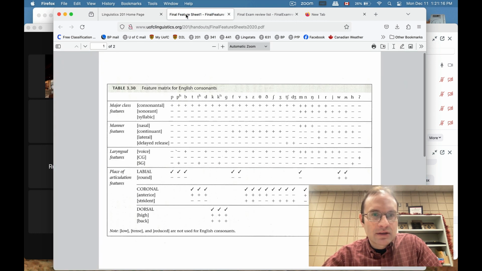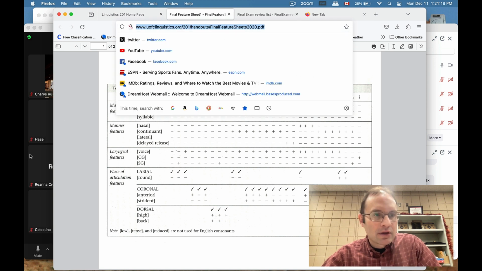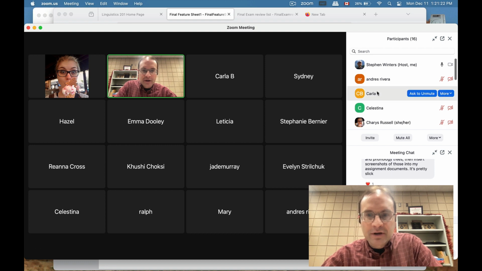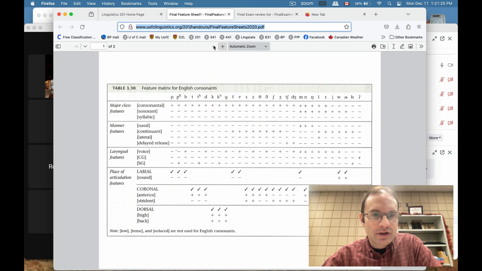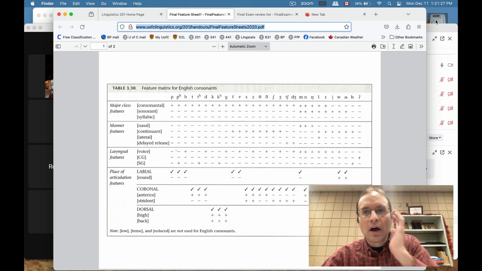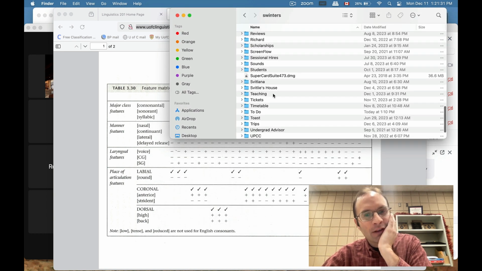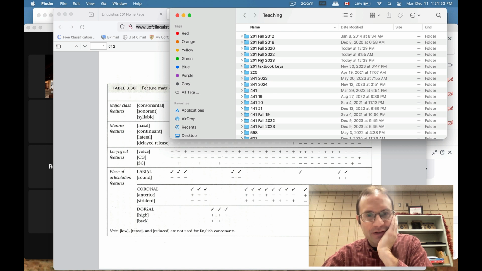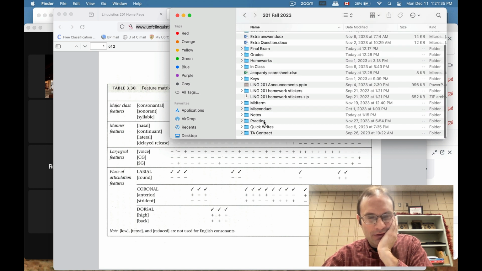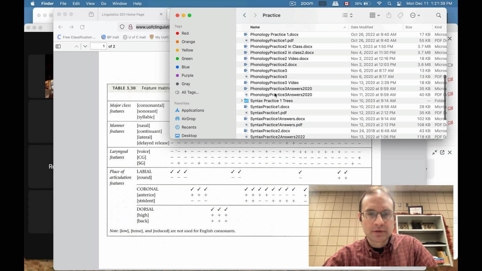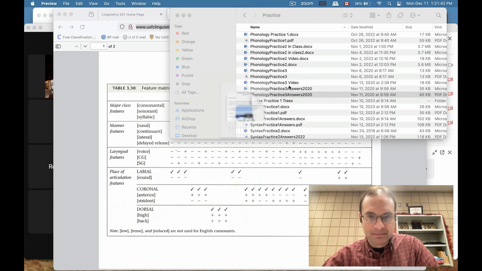There's a link in the handouts tab of the course webpage where you can see the various distinctive feature notations. So maybe I'll dig up one of the practice exercises. Let's see if I can find them.